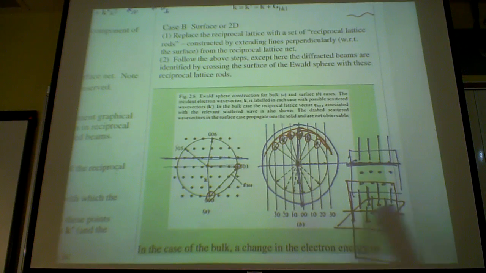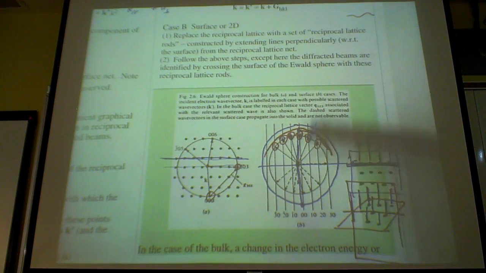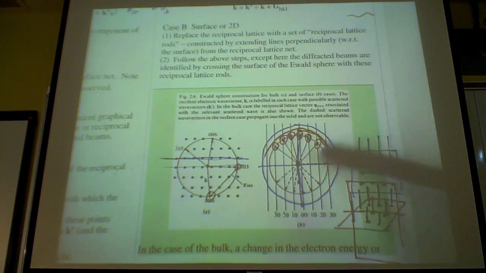These are reciprocal space points, and I'm going to cut a plane across one of this set of points that I have, and I redraw it over here, and you will see all these little lines. These lines correspond to my rods that are sticking out, each corresponding to one of these points.